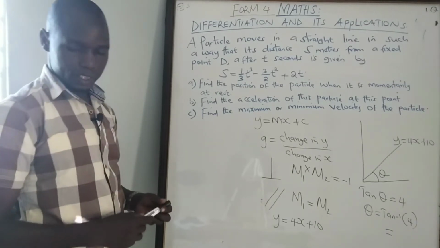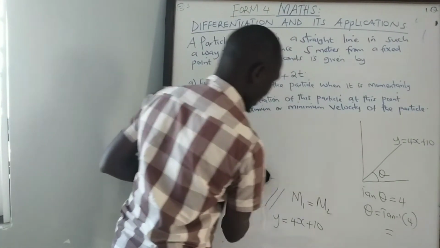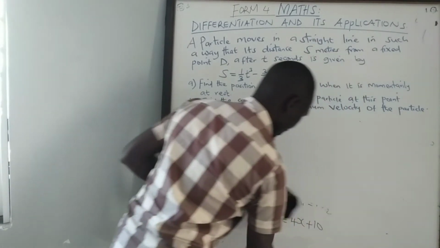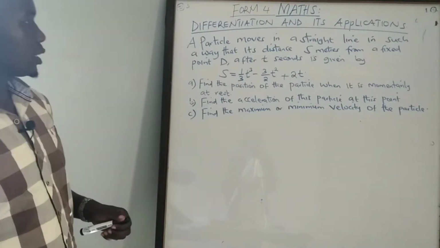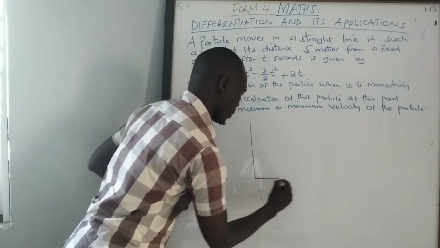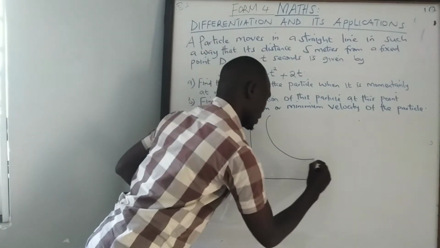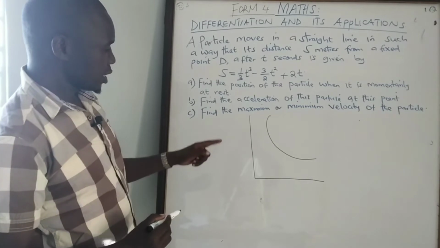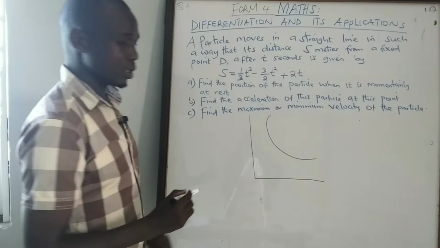Going back to differentiation, this topic will not deal with the gradients of straight lines, but the gradients of curves. Differentiation by definition is the process of getting the gradient function of a curve. If we have a curve on our Cartesian plane, you can only find the gradient of a curve at a point, and that is what we call a tangent.